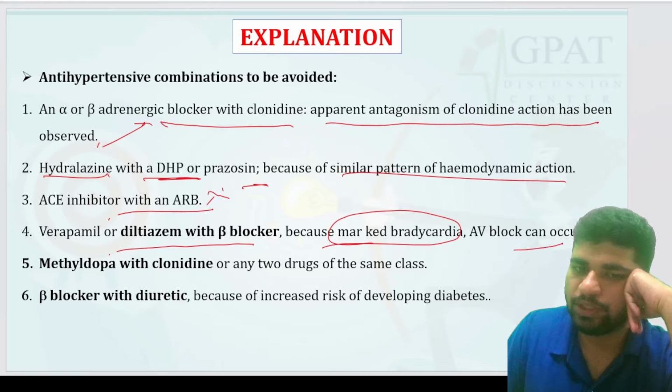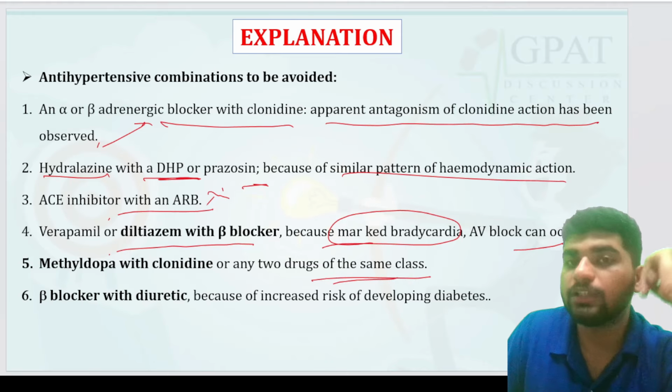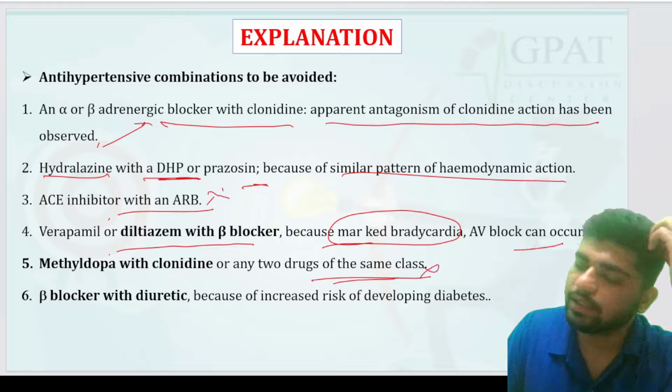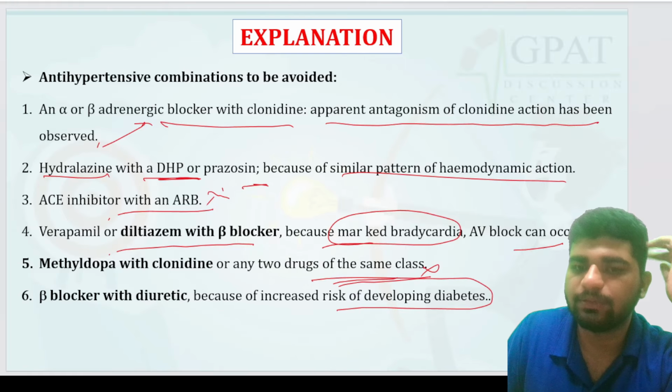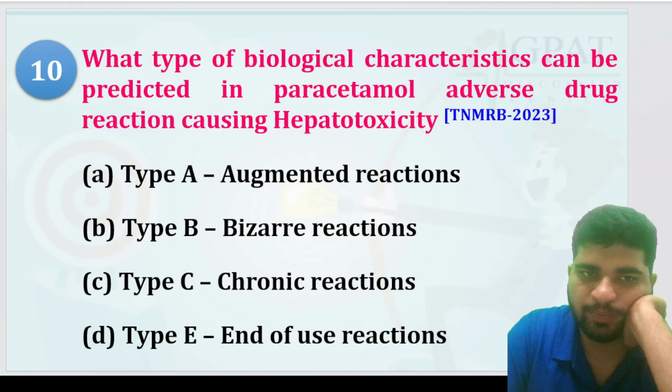Methyl dopa with clonidine or any two drugs of the same class should be avoided. Beta blockers were discouraged because of the increased risk of developing diabetes.